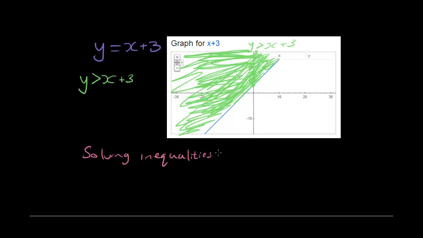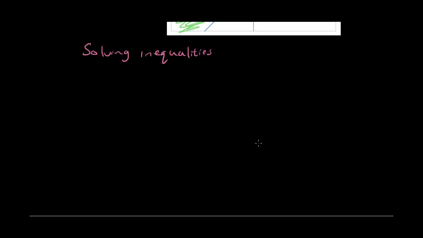Now, inequalities are pretty easy to solve because most of the time you just treat it like an equal sign. So, for example, if you have 3x plus 1 is bigger than 8, you can pretty much just pretend that the inequality is the same as equals.